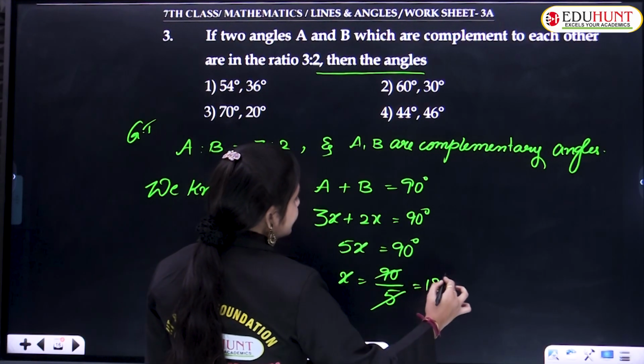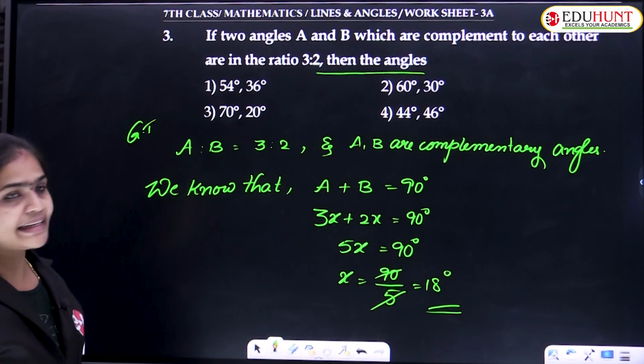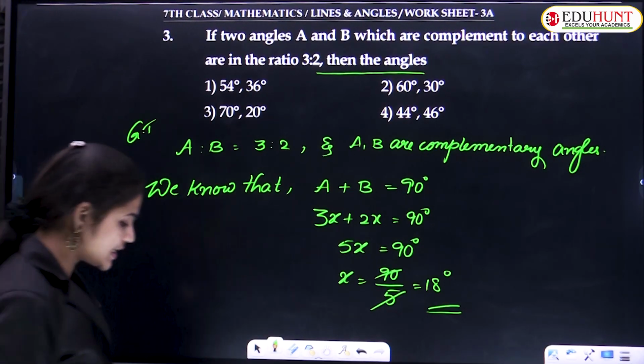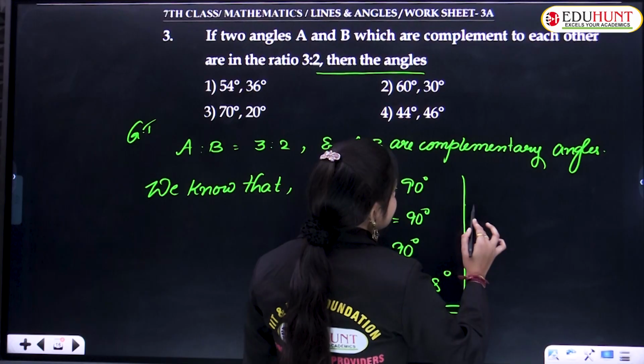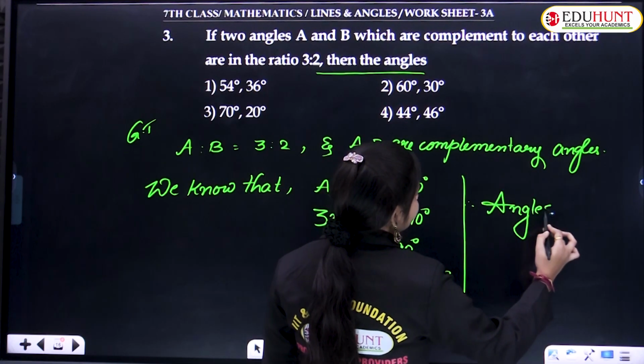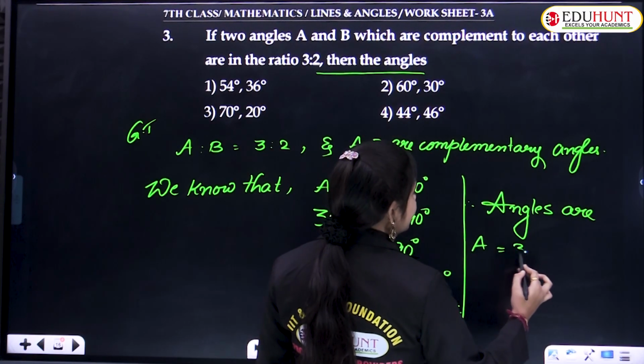Okay, 5/18. Then here x is equal to how much we got, ma? 18 degrees. Now what we need to find out are those two angles they're asking. One of the angles, A, is equal to 3x, no?